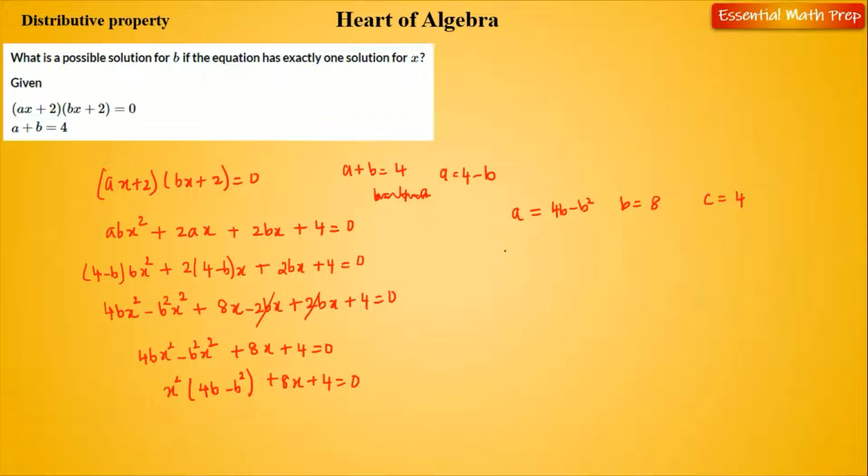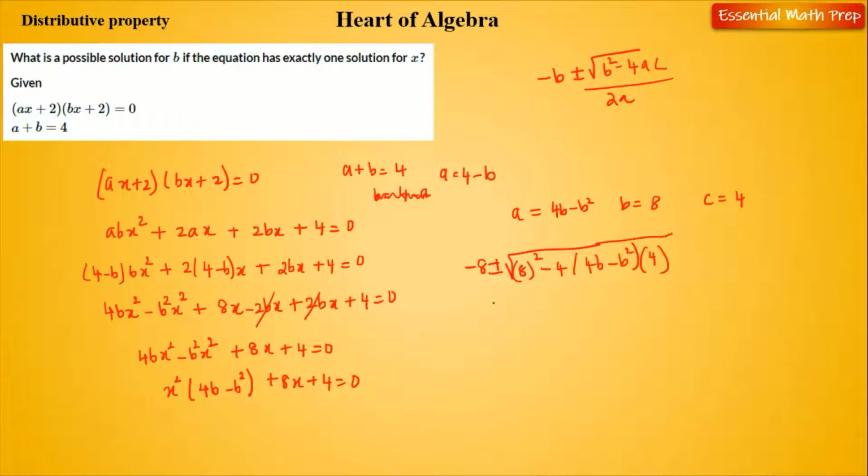So if you plug it into the quadratic formula, which is negative b plus or minus the square root of b squared minus 4ac over 2a, that means it's negative 8 plus or minus the square root of 8 squared minus 4 times (4b minus b squared) times 4, over 2 times (4b minus b squared).